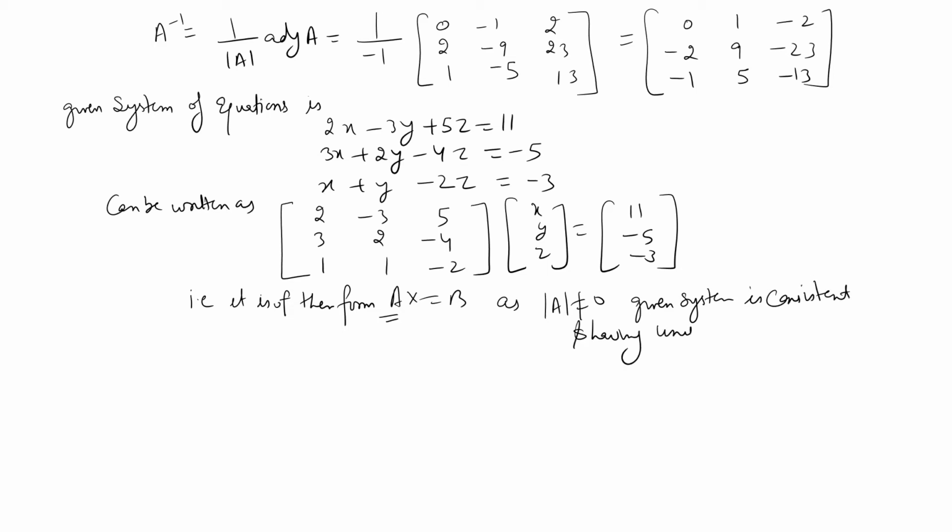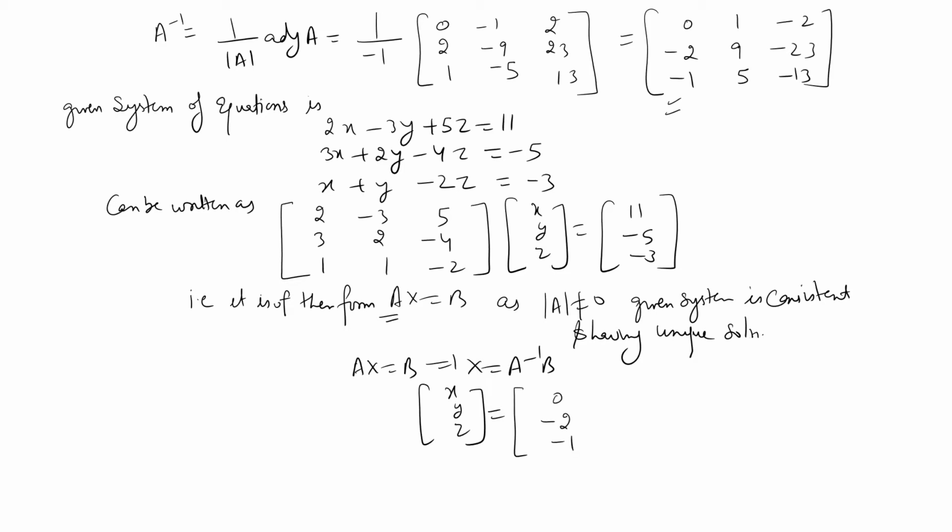The unique solution for such a system Ax equal to B is given by x is equal to A inverse B. So x is my variable matrix, A inverse we calculated right now: 0, -2, -1, 1, 9, 5, -2, -23, -13, and B is the constant matrix.